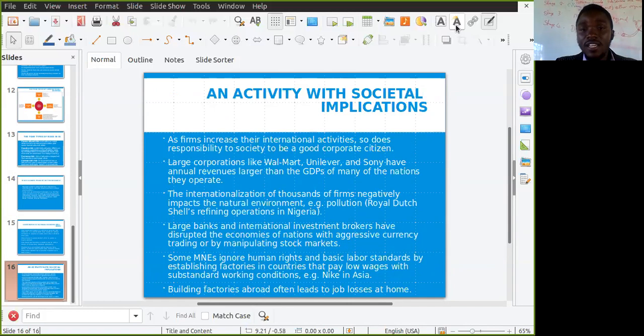We realize that in as much as firms go international, some activities that the firms engage in might cause pollution to a given environment. That is why this point concludes by saying that firms should become good corporate citizens. In as much as the firm is operating, it should be observed that there is no adverse impact caused on the society that it is working in.